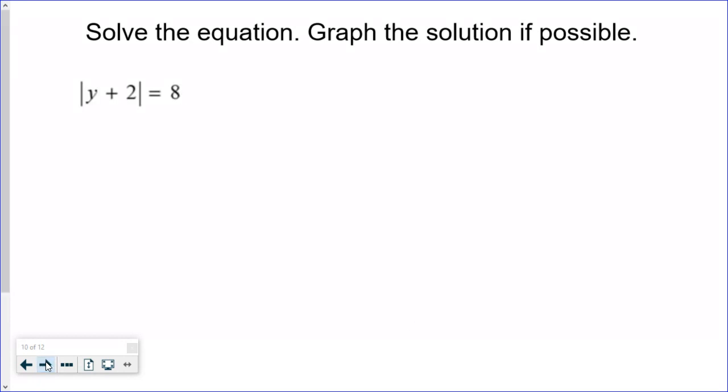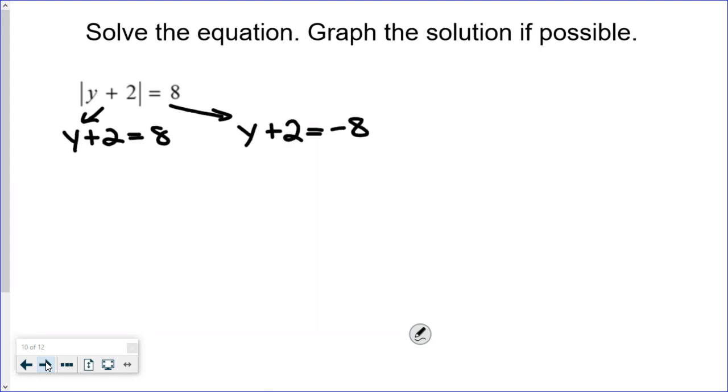Okay, now this is solve and graph. This one isn't as quick because now I do have two equations and it does equal a positive, but when I rewrite it without those absolute values, I get rid of the absolute values and I put a positive 8 and a negative 8. I minus 2 and I get 6.